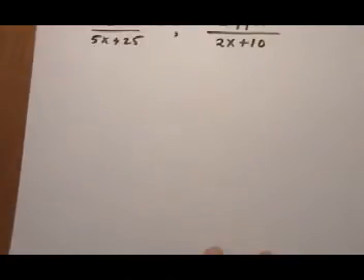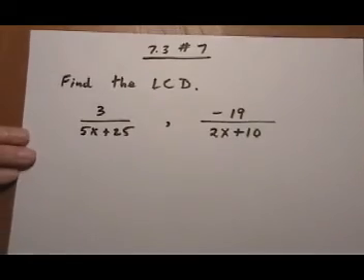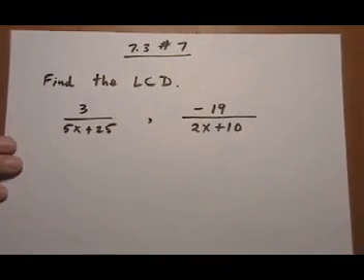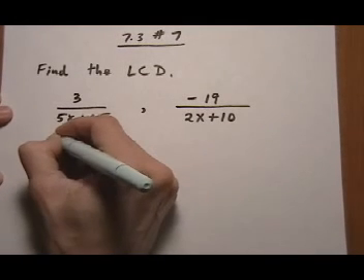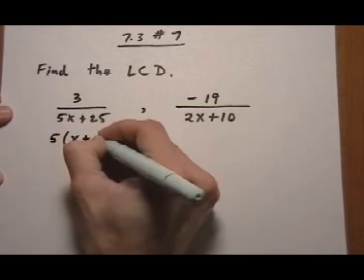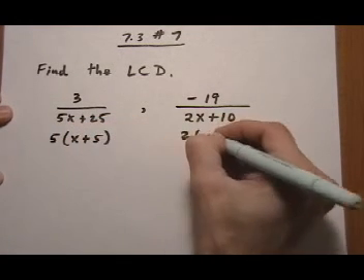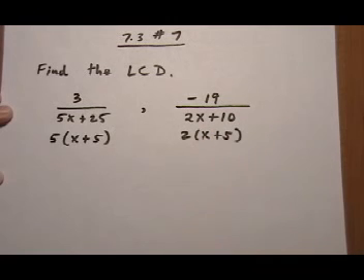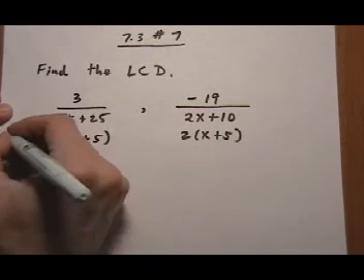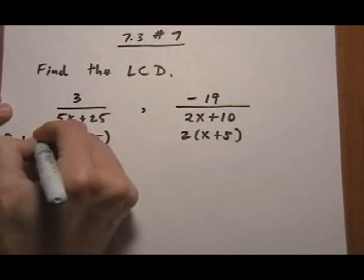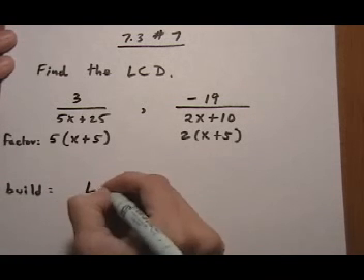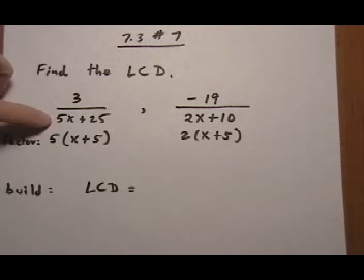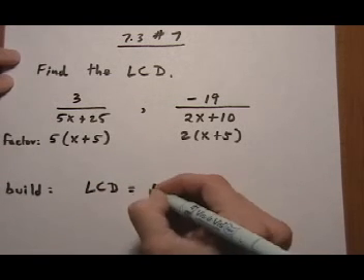And number 7, find the LCD again. First we're going to factor: 5 times x plus 5 and 2 times x plus 5. And then we're going to build. So our LCD will equal, take the entire first denominator, 5 times x plus 5.